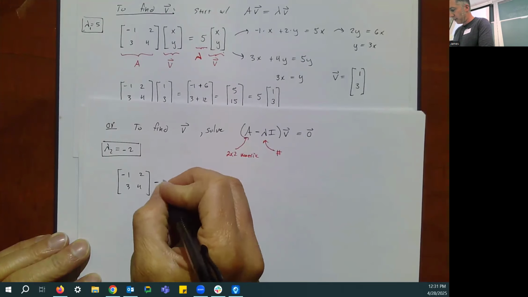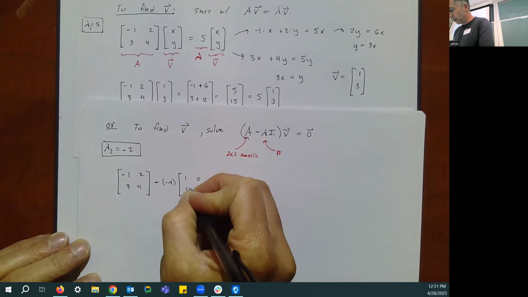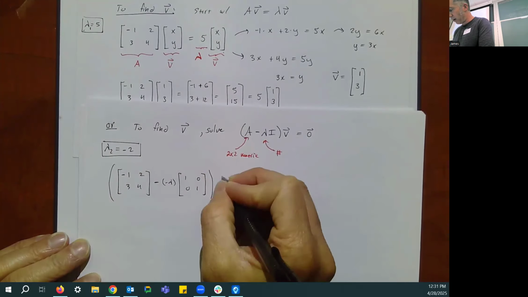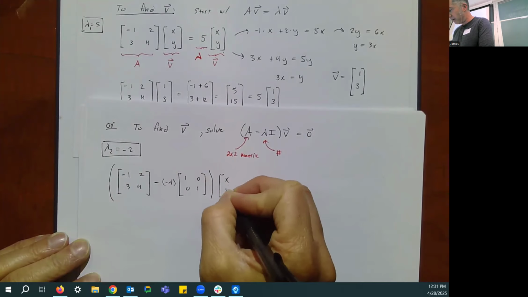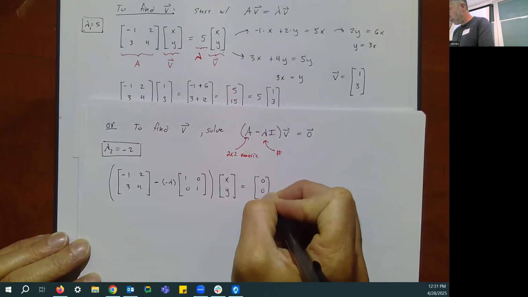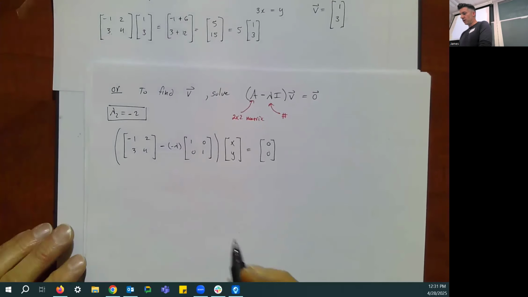So minus -2 times the identity matrix. Again, I would normally skip that step. All of that multiplied by the thing we're trying to find should equal the 0 vector. This looks like a little bit more work. It usually is a little bit more work. So let's do our simplification here.